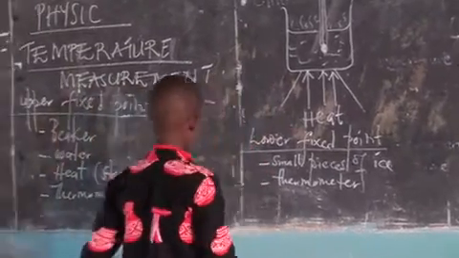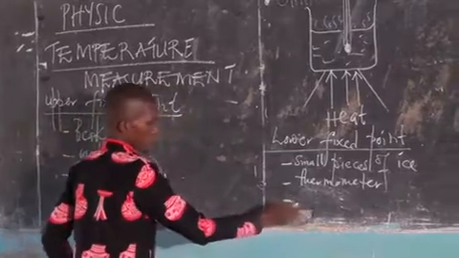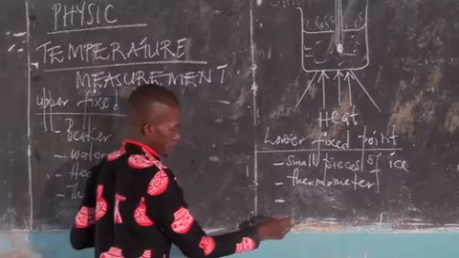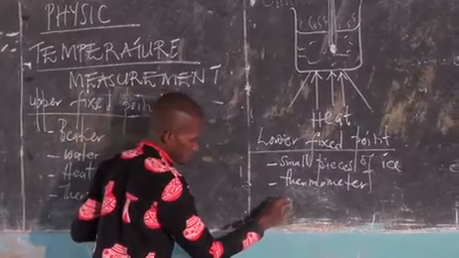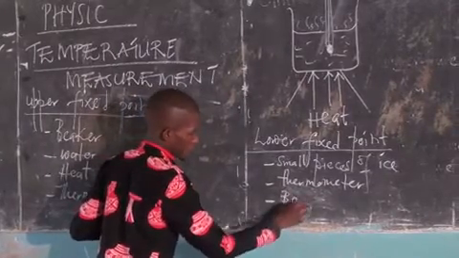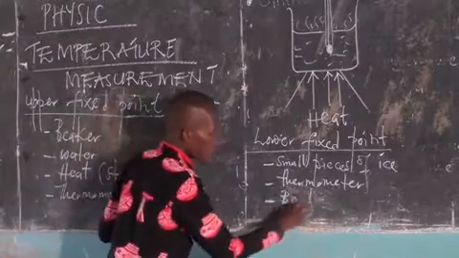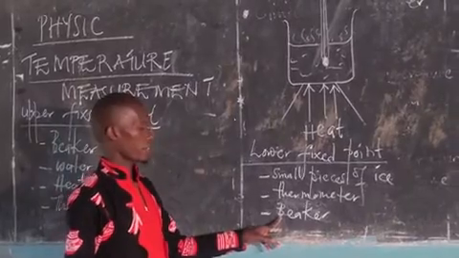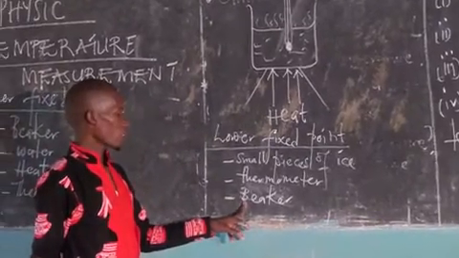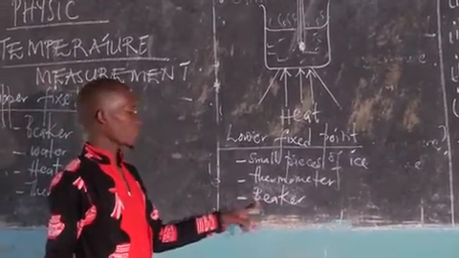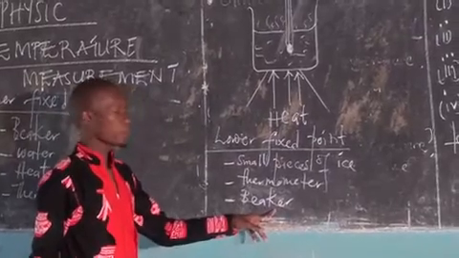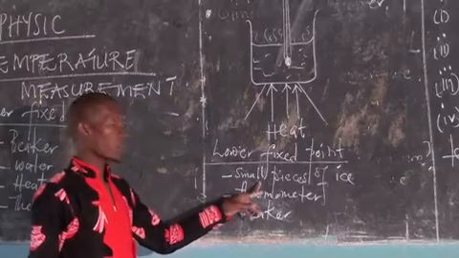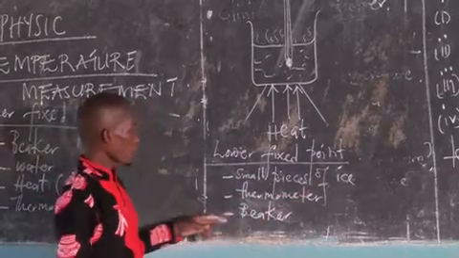You can also get a beaker, or then you get a cup. A cup can work here because you may not find a beaker. You can tell your dad, your mom, or your brother to buy ice in a cup for you.